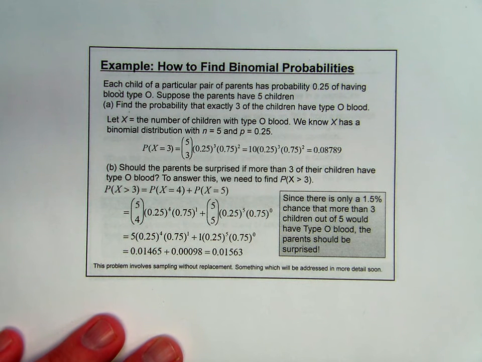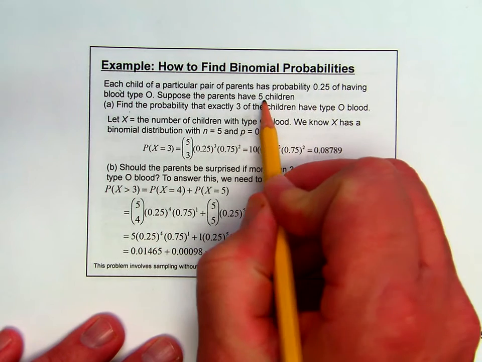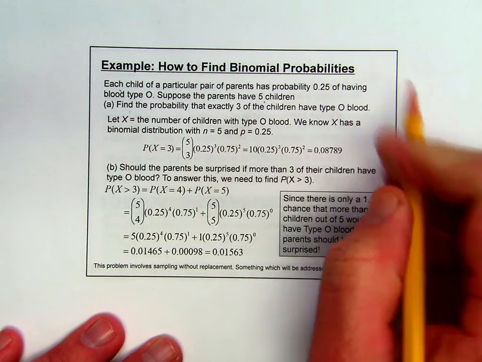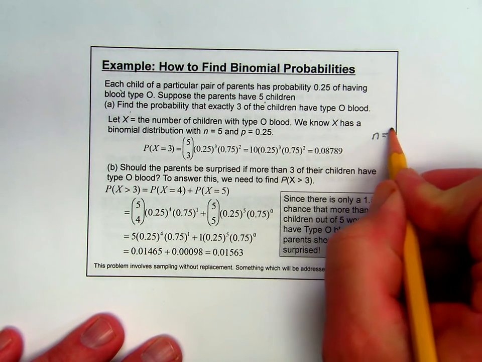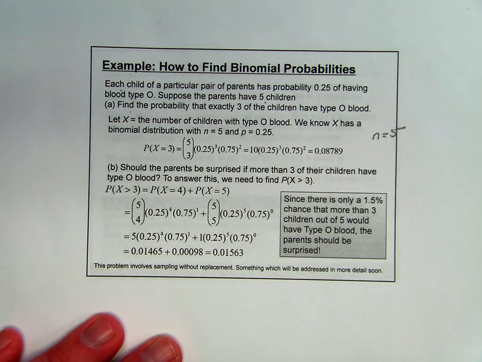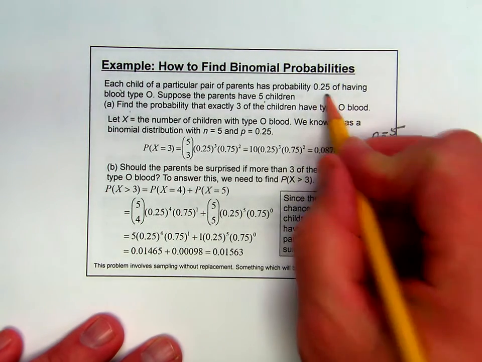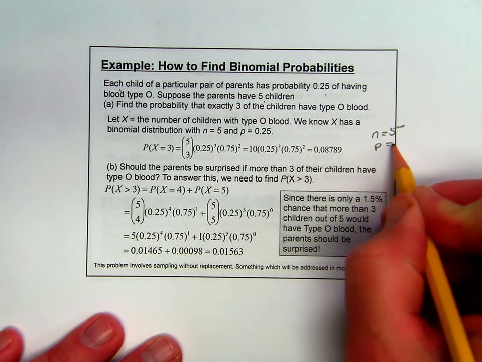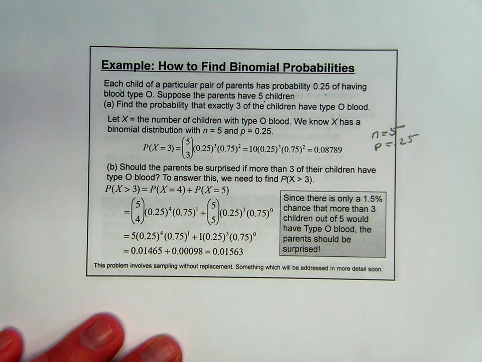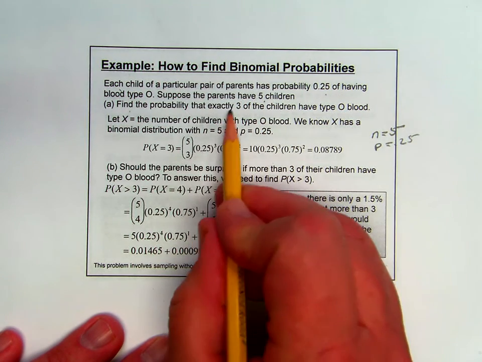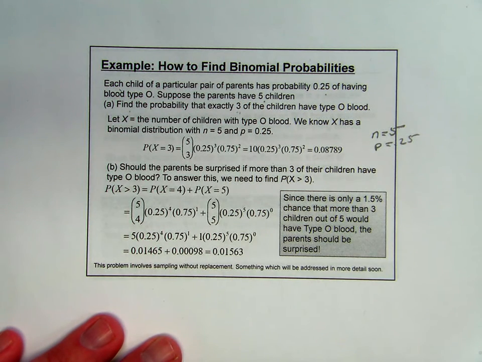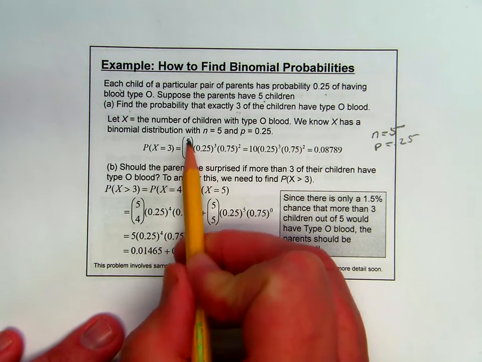All right, so our n is 5. Each child is a trial. Our probability of success is 0.25, which makes our probability of failure 0.75. And we're interested in exactly 3 successes. So this one here uses that parentheses notation.